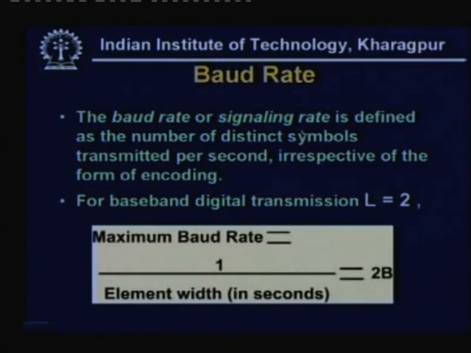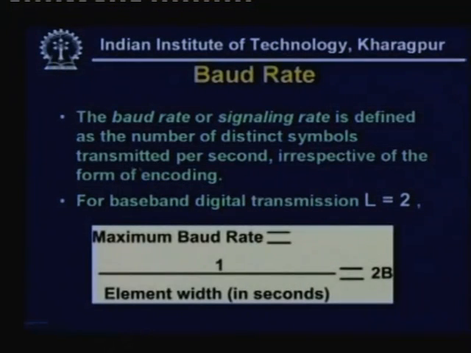Actually, to understand the number of signal levels, another parameter known as baud rate has to be understood. Let us see what we really mean by baud rate. The baud rate of a signal, or the signaling rate, is defined as the number of distinct symbols transmitted per second, irrespective of the form of encoding. We know whenever we are sending a digital signal, we know the bit rate and bit interval.